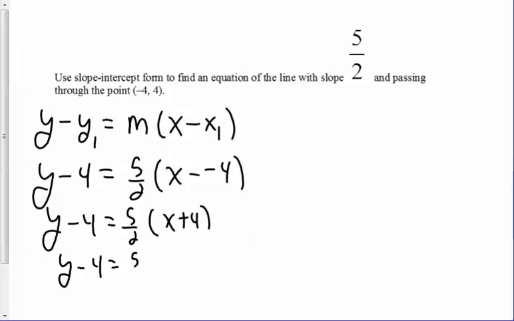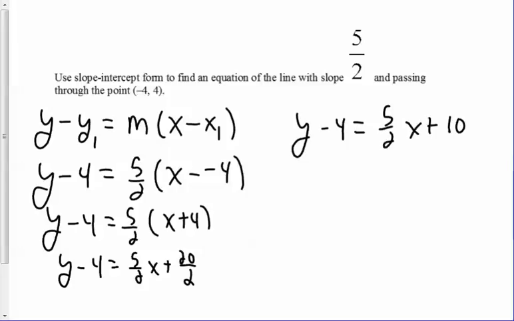So I get 5 over 2 x plus 20 over 2. Now it's y minus 4 equals 5 over 2 x plus 10. I'm going to add 4 to both sides, and so I get y equals 5 over 2 x plus 14. So that's easy. My slope is 5 halves and my y-intercept is 0 comma 14.